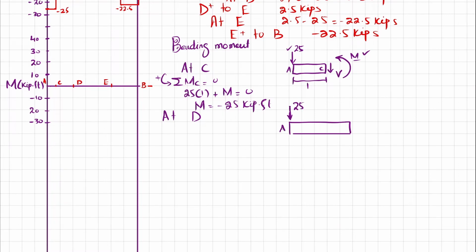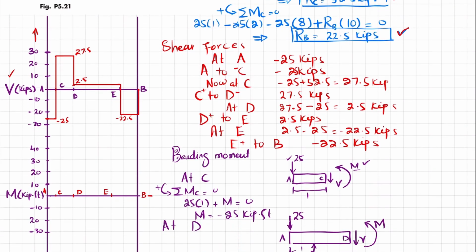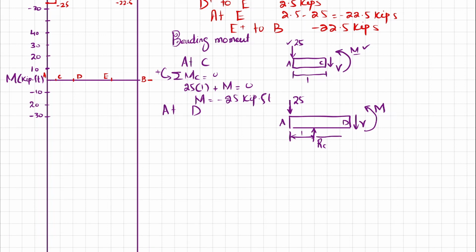This is point C where you have RC, and this is point D where you have cut the beam, so there will be a shear force and external moment. This distance was 1 feet, and from C to D the distance is 2 feet.